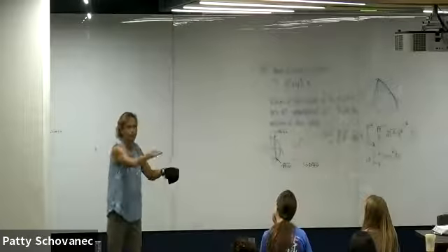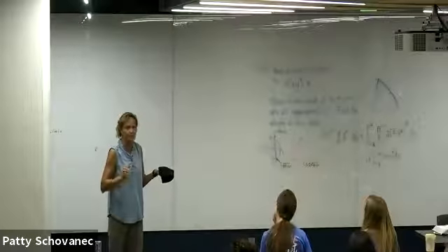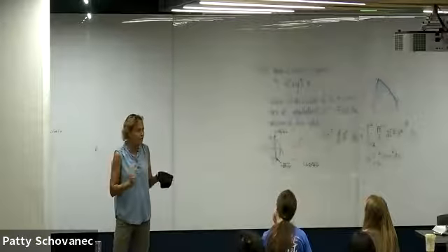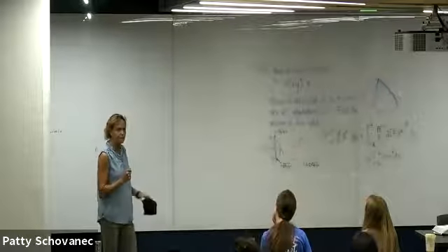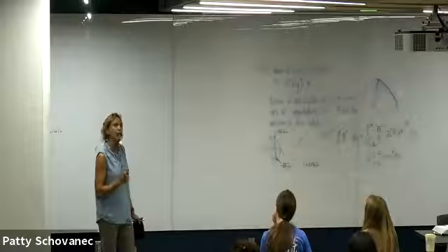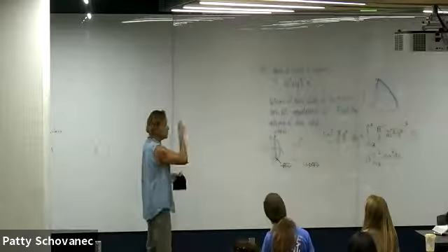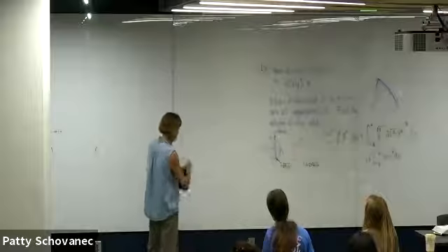You generate a 3-dimensional solid. We want to find its volume. What we did last time is we found its volume by slicing that region with rectangles perpendicular to the axis of revolution. Then I'm going to do parallel to the axis of revolution.